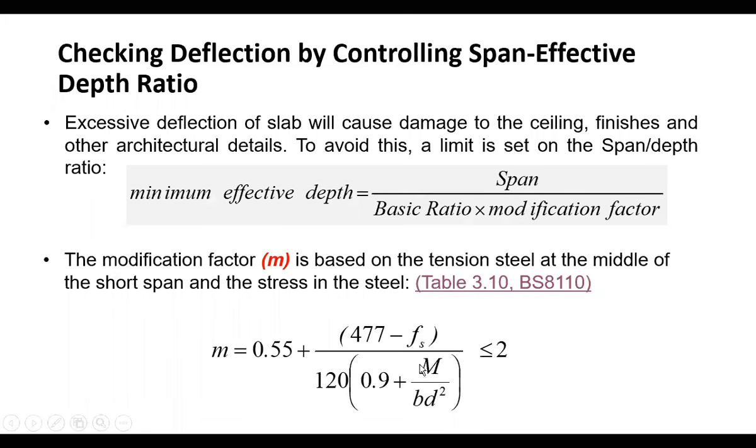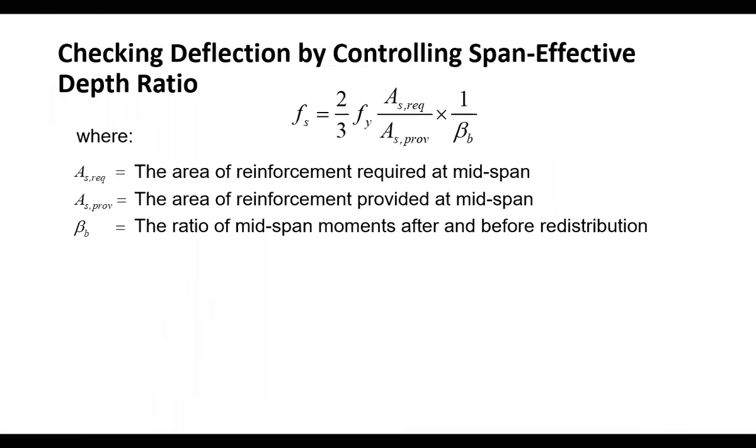So again, this is the M from the same equation that we just saw together. As I just explained, M here is the maximum positive moment in the short span, because you will always have more moment in the short span than in the long span, because it takes more amount of loads. Then to get the Fs, we get it from this equation.